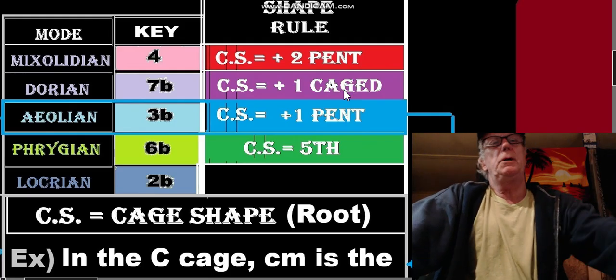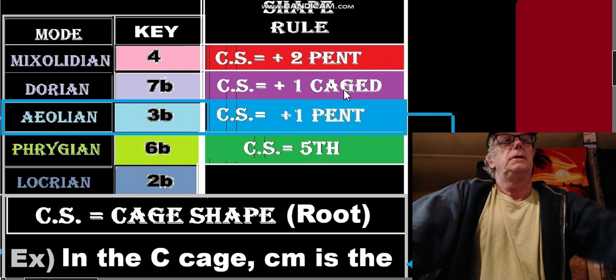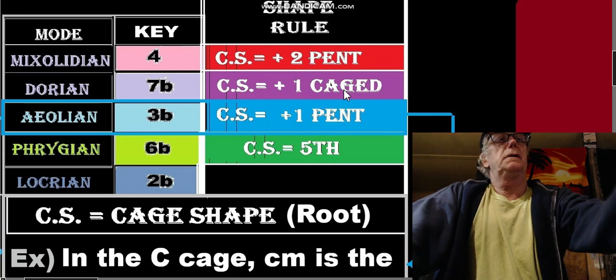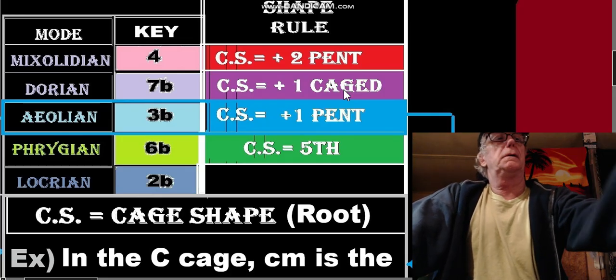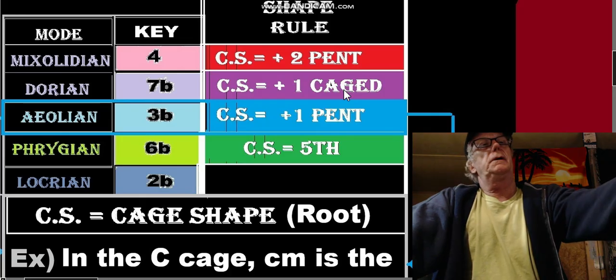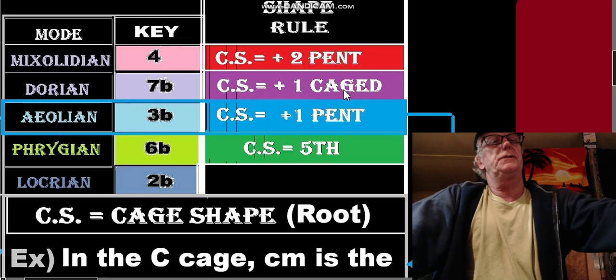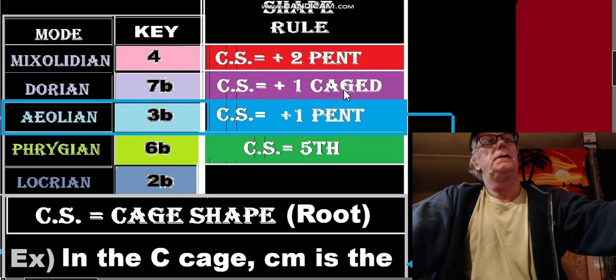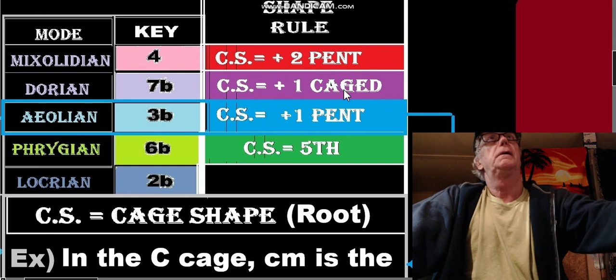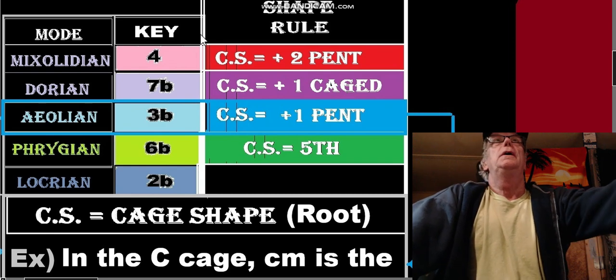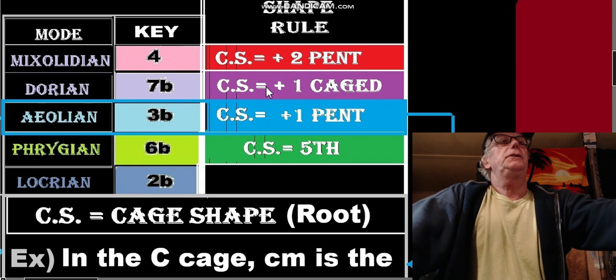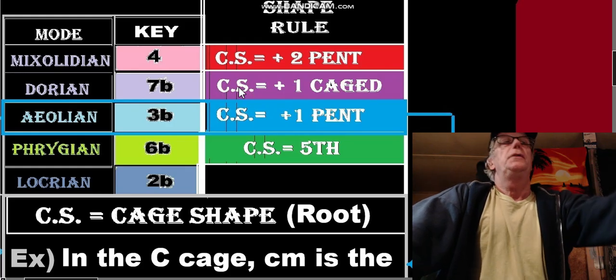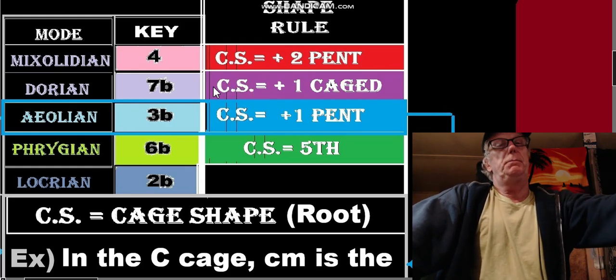Okay, those are the modes. Those are the sevenths, but these are the triads. So with the Dorian, you know that it's one pent scale above the root.